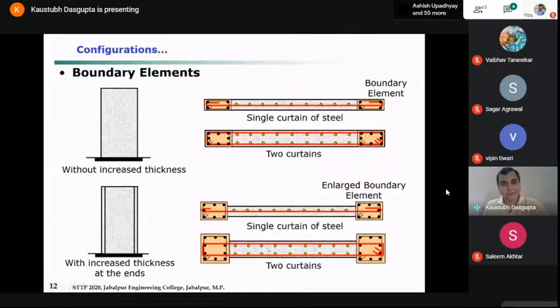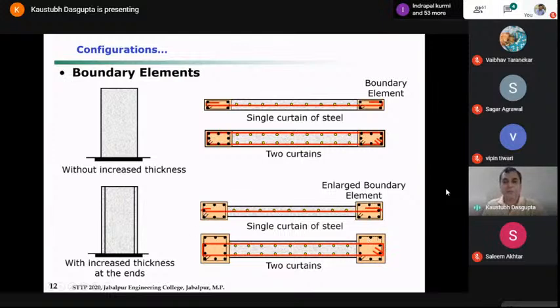Okay. What is the advantage here? You have larger cross section available at further distance away. So when the wall is subjected to lateral force or moment, the ends of the wall are subjected to that tension compression couple. Okay, so if your moment causes tension on one end, it will cause compression on the other end.